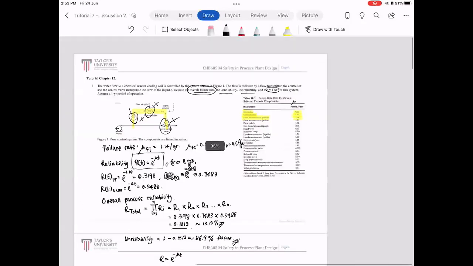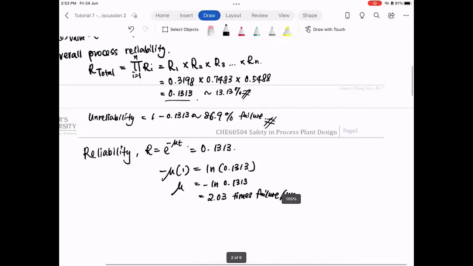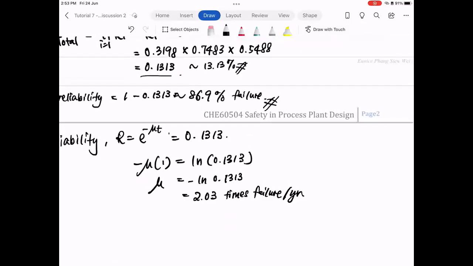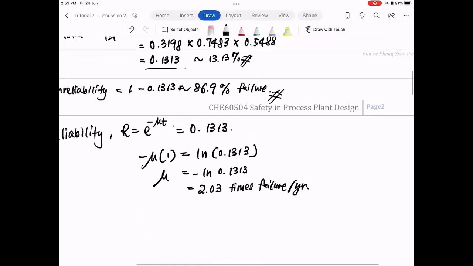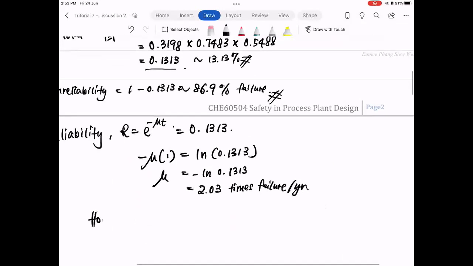So if we translate, this is how many times it fails, or 2.03 faults per year. In other words, how often does it break down? How often does the system break down? It is 1 over mu.